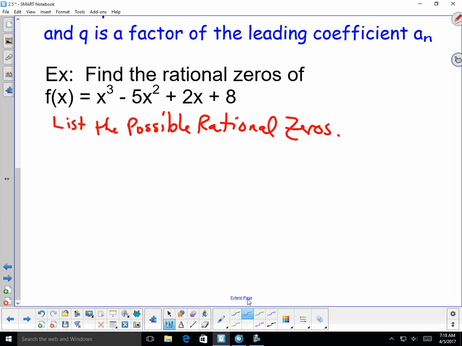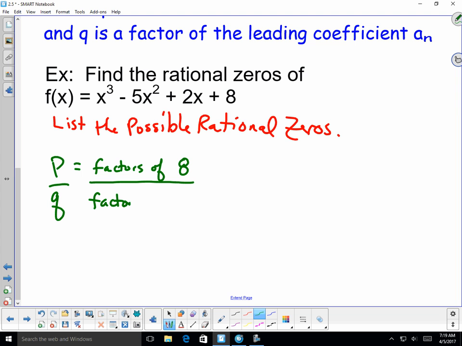Okay, so in this case, remember we want p to be the factors of the constant term, so that's going to be the factors of 8, right, from here. And then we want to divide that by q, where q is going to be all the factors of our leading coefficient 1. Right, so here's our 8 here, and here's our 1 here.